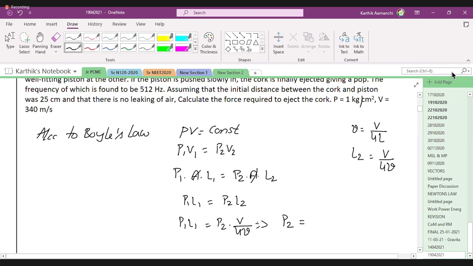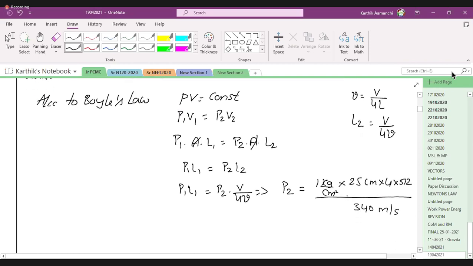How much you got? L is 16 centimeters. One point five. 1.5.